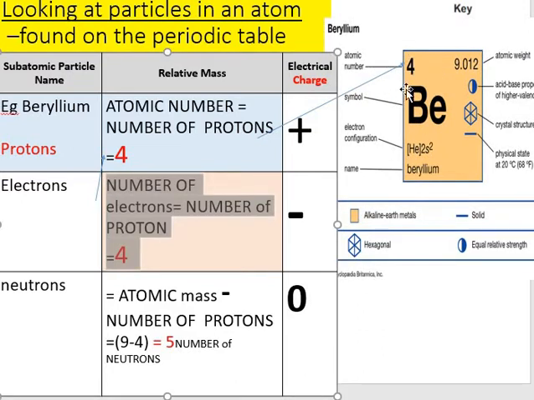We get that from the atomic number. When we look at the atomic mass, in this case for beryllium it's 9, the atomic mass minus the atomic number of the protons is going to make up the number of neutrons. So in this case the atomic mass is 9, minus 4 gives you 5 neutrons.